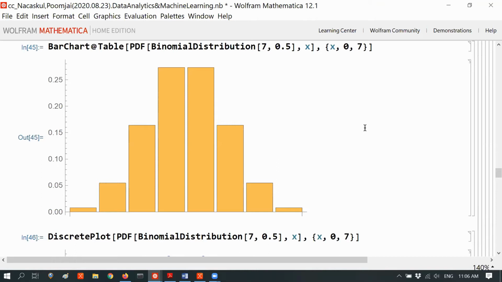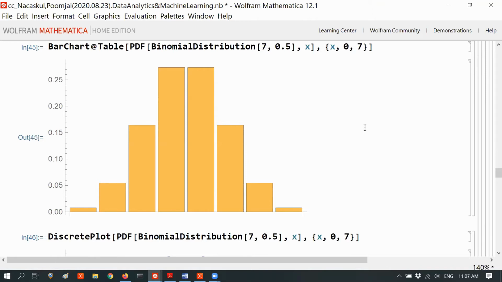It's only one way. I toss the coin 7 times and I get tail 7 times. How many ways can I get 7? 1. How many ways can I get 6? 7 ways.